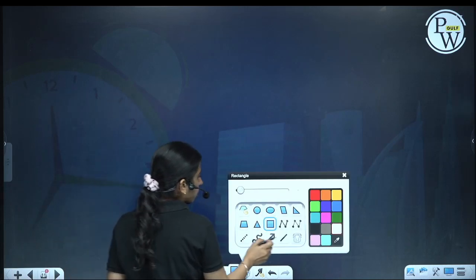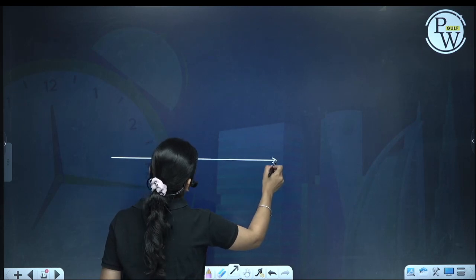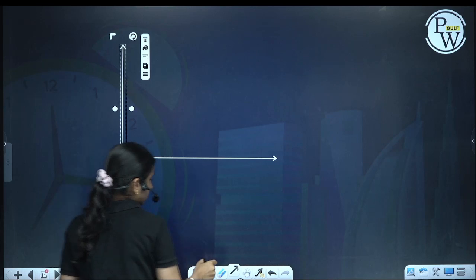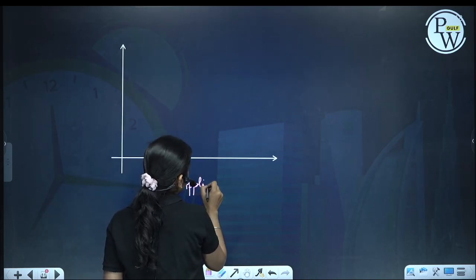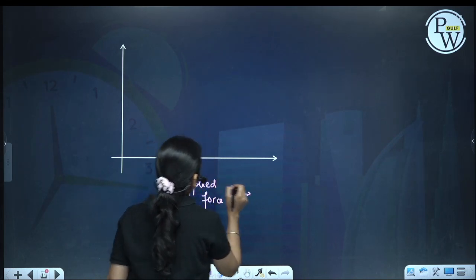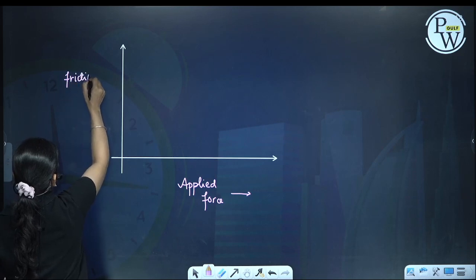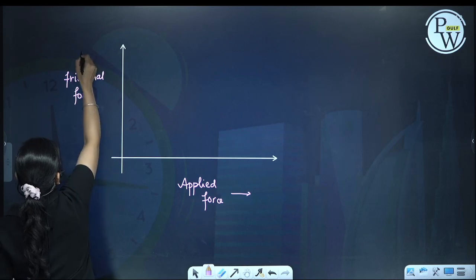Now let us draw a graph between the applied force and frictional force. On this axis we have applied force, and on this axis we have frictional force.